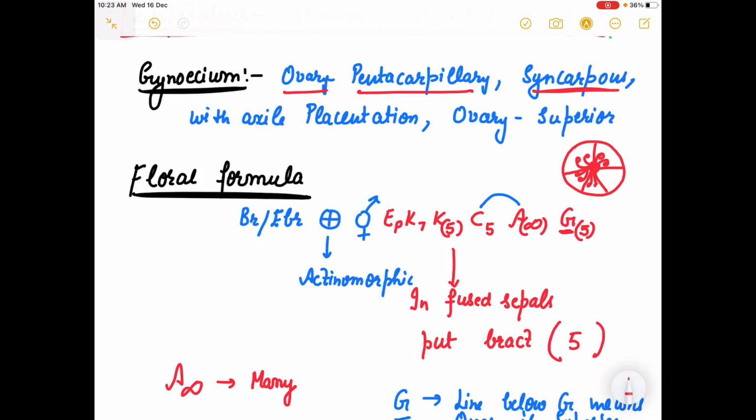These are our ovules. So this kind of arrangement is called axile placentation. Placenta is axial and ovules, they are attached to it.